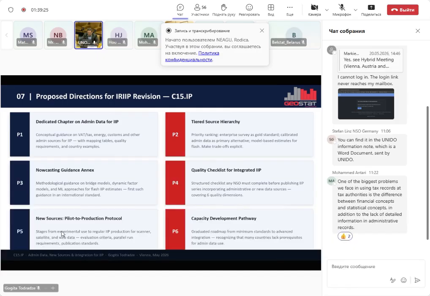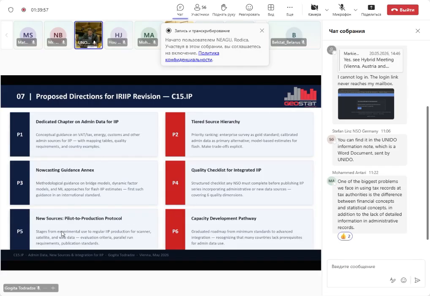Six proposals for the IIP. One, a dedicated chapter on administrative data. Two, the tiered source hierarchy: surveys as a gold standard, calibrated administrative data as a primary alternative, and model-based estimates for flash releases, with trade-offs made explicit.